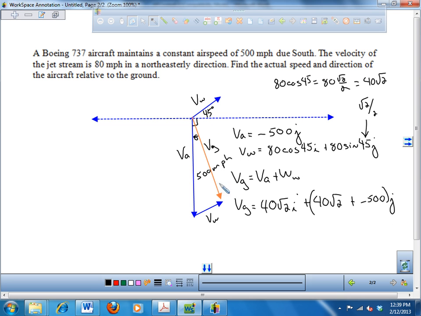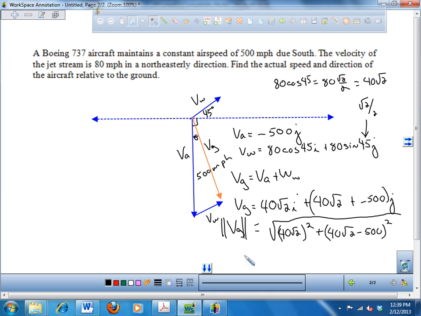Now, that's the vector. To find the magnitude of the vector, remember, you take the square root of the sum of the squares of each of these. So the magnitude of that vector is going to be equal to the square root of 40 root 2 squared plus 40 root 2 minus 500 squared.